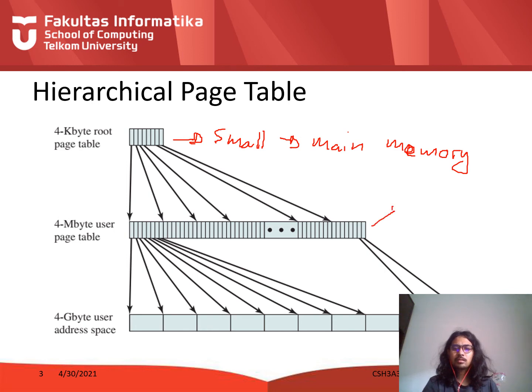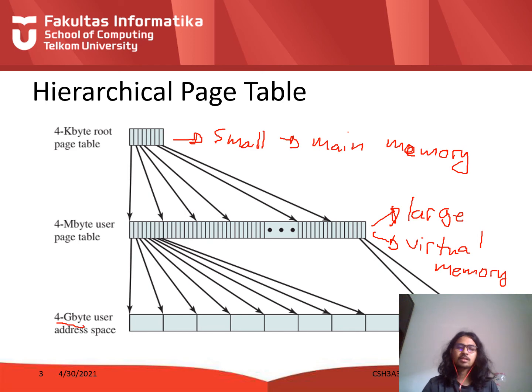This is large, and this is inside the virtual memory. And this page table addresses each page which is inside the virtual memory, which has the size of 4 gigabytes in total.